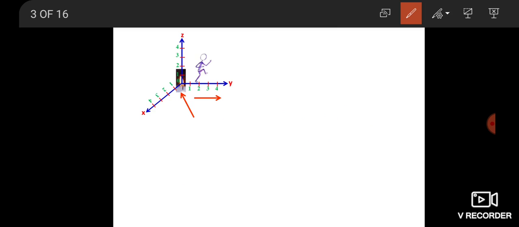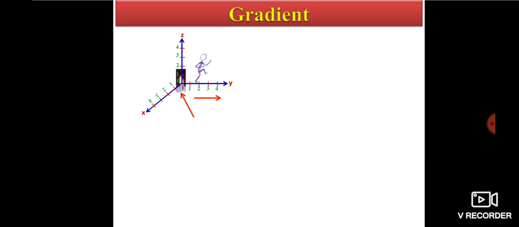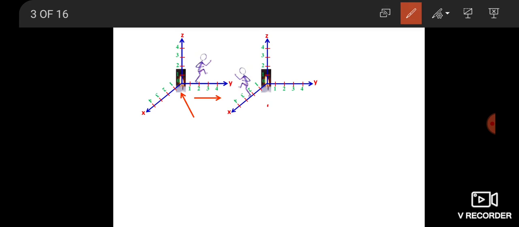Now consider the second situation. Here you are moving along the x direction, and here also temperature decreases when you move along the x-axis. What do you think? Will the rate of change of temperature be the same for the two cases? Previously you have seen the rate of change of temperature is 10 degrees centigrade, and here what is your idea?